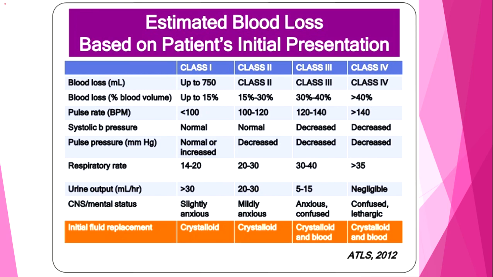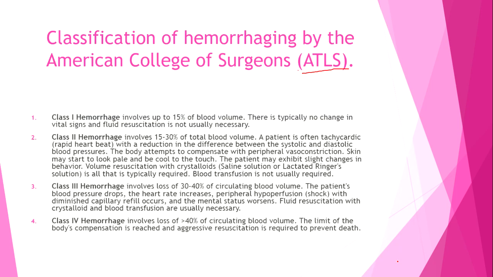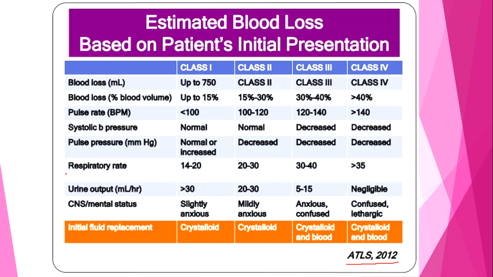Estimated blood loss based on the patient's initial presentation. It's Advanced Trauma Life Support, which means it's the American College of Surgeons. We have 4 classes. We have blood loss in percent, which pulse rate we expect, systolic blood pressure, pulse pressure, respiratory rate, urine output, and mental status of this patient.